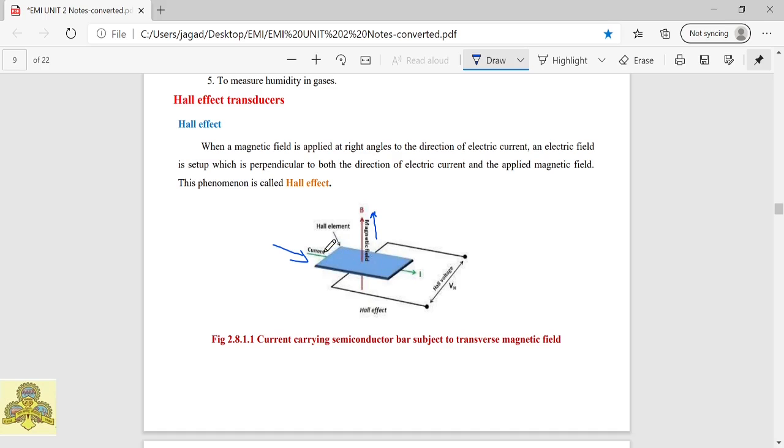Fine. If we apply magnetic field to this conductor, what happens? The charge carriers will drift towards one side of the plate and there is a potential difference developed between these ends.